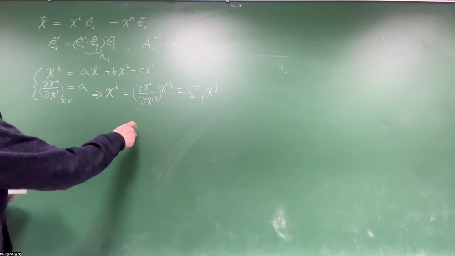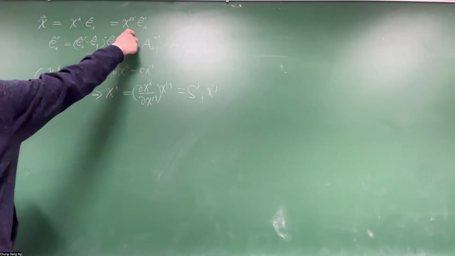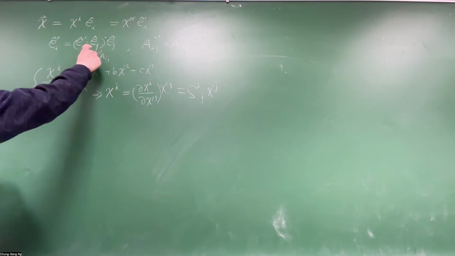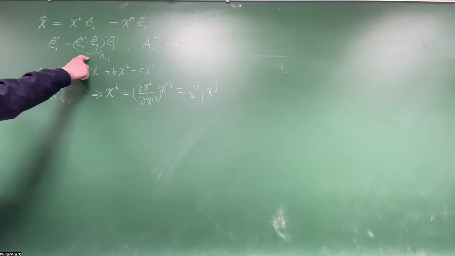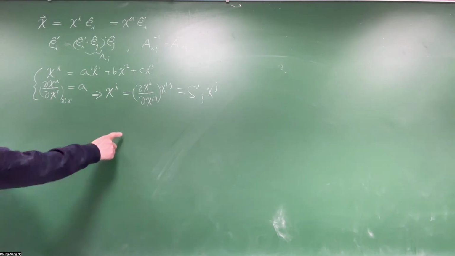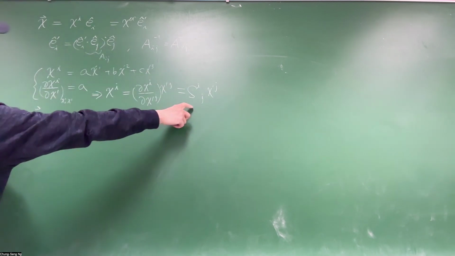Okay. All right, and now this is the coordinate. Now we can combine that with the first equation and see how you relate it. This one is a transformation for the unit vector. This is the transformation for the coordinate. You can combine them and see the relationship, right? So x is x i, which is this one.